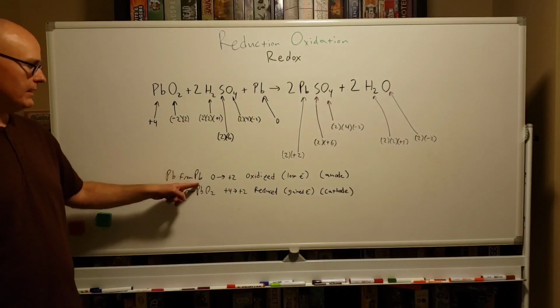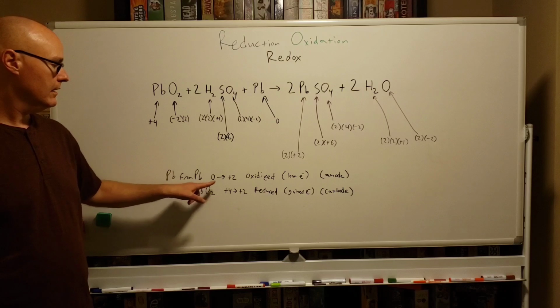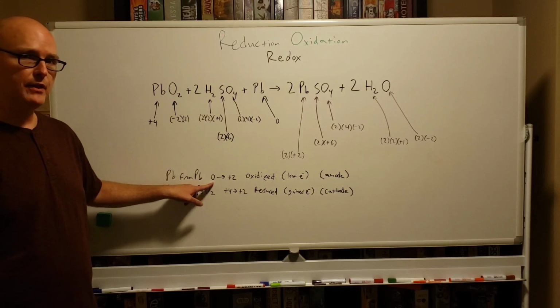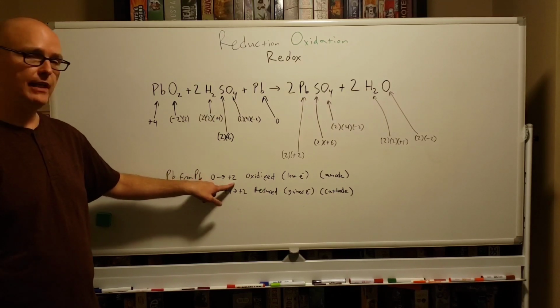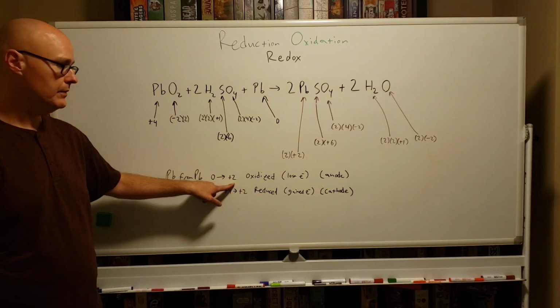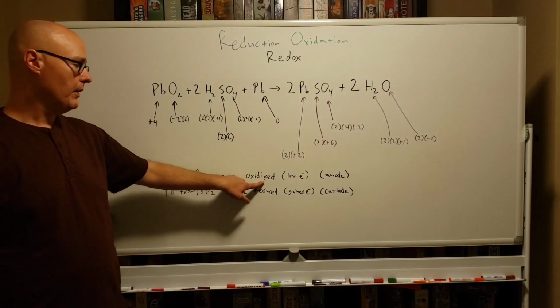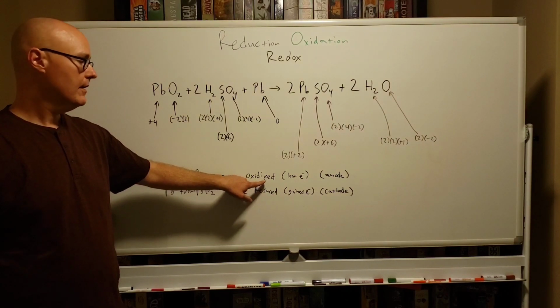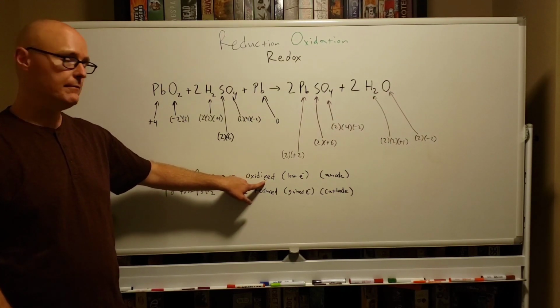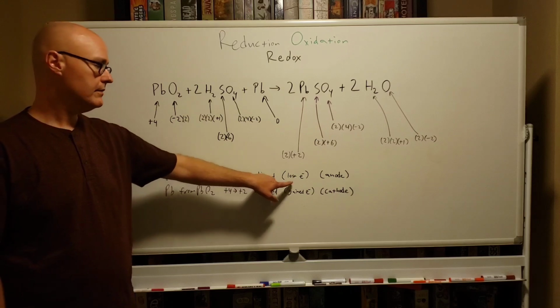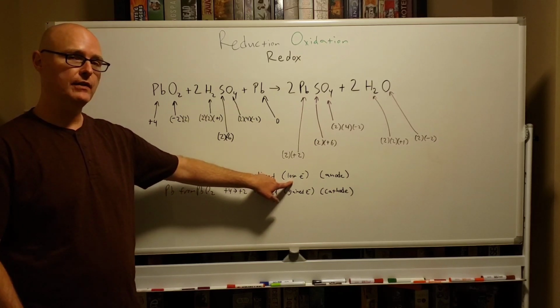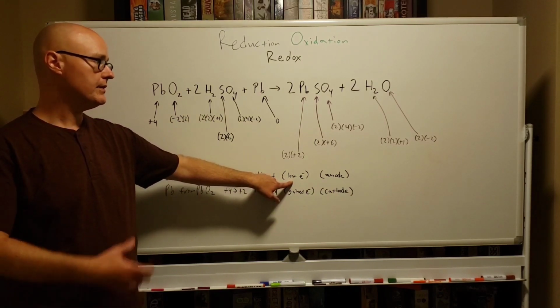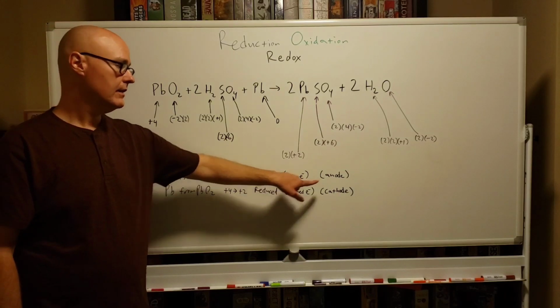All right, so lead from the lead plate went from an oxidation number of 0 to an oxidation number of +2. Therefore, the lead plate was oxidized. Oxidizing means I've lost electrons. So I donated electrons, I lost electrons to this reaction.